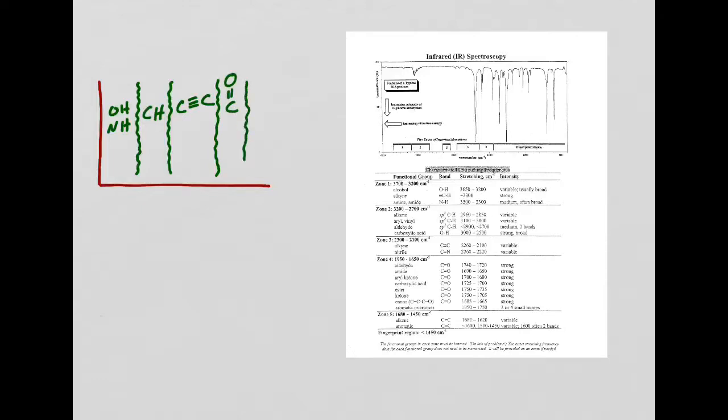Now, anything after that is not very useful. We call it the fingerprint. I mean, you can still get some information out of it. But what I mainly want to get out of IR are the functional groups. And I can do that looking at these regions. So far, so good.